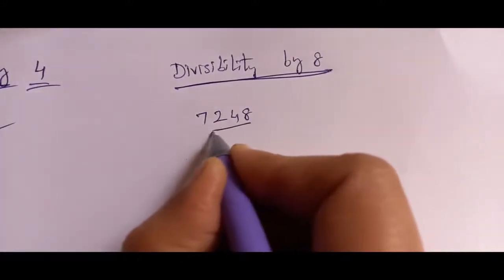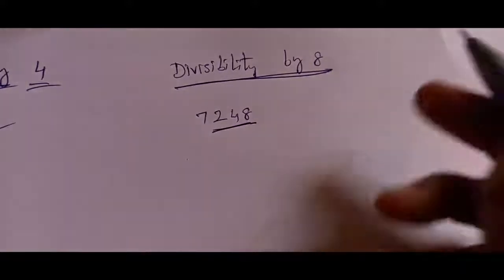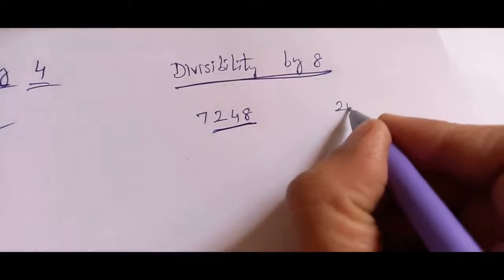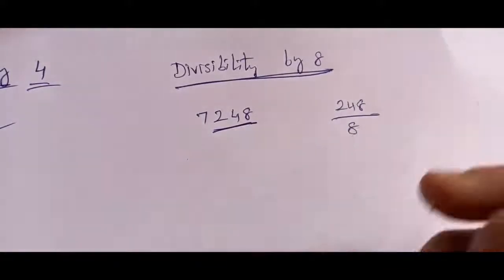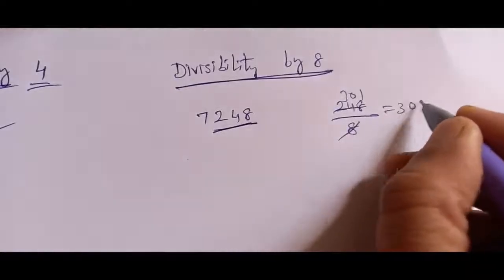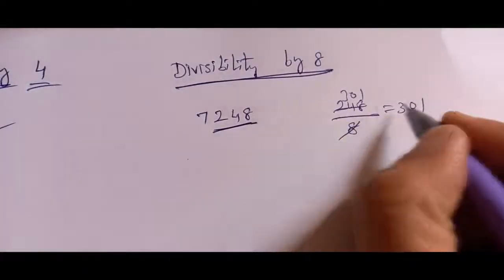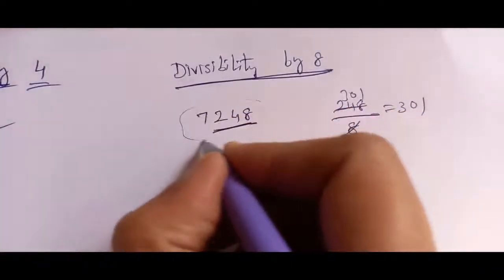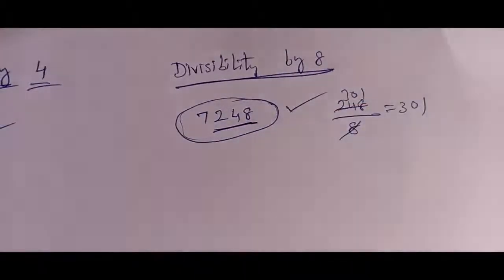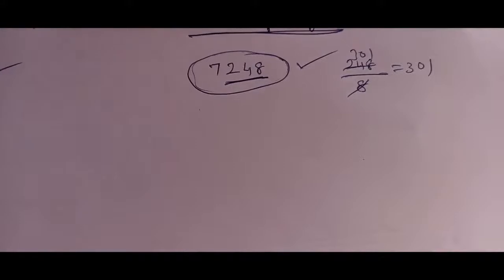So you need to check this last three digits. This 248, whether it is divisible by 8 or not. 248 is divisible by 8. 8 3s are 24. So 248 is divisible by 8. So this entire number 7248 also divisible by 8.